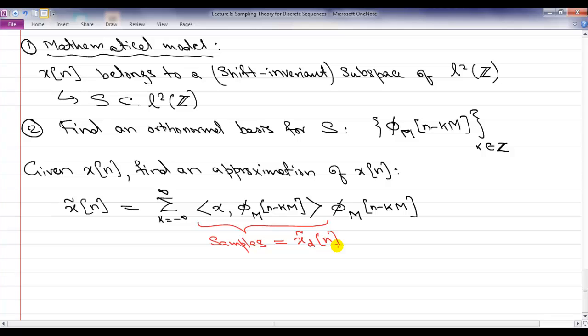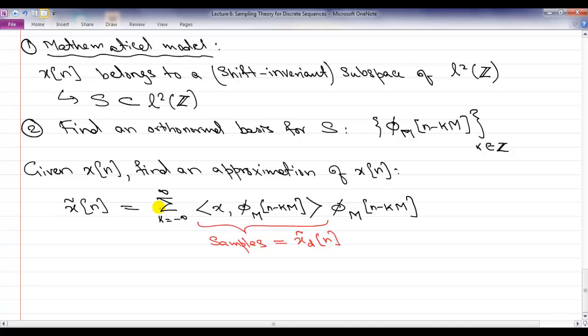So the general sampling architecture is going to be exactly the same as in the continuous time world. We just compute the convolution of our sequence with these phi m's, the time reversed versions of them, and then we sample them every m samples.